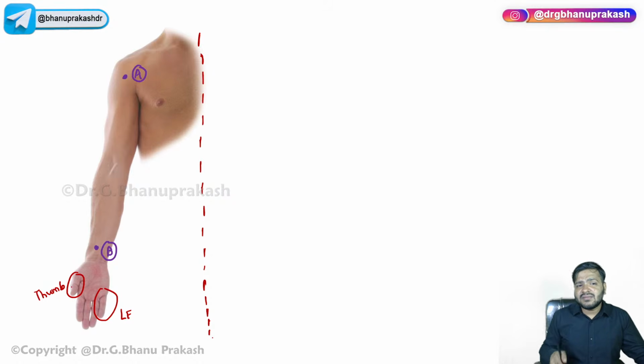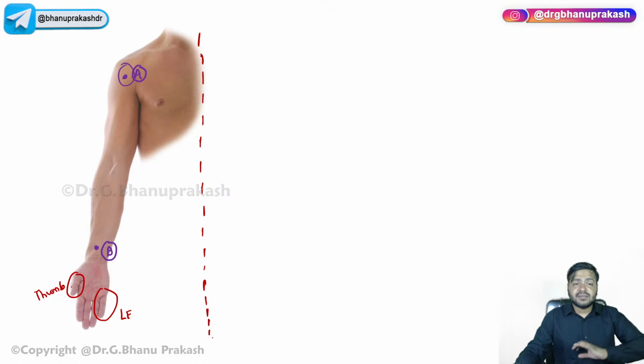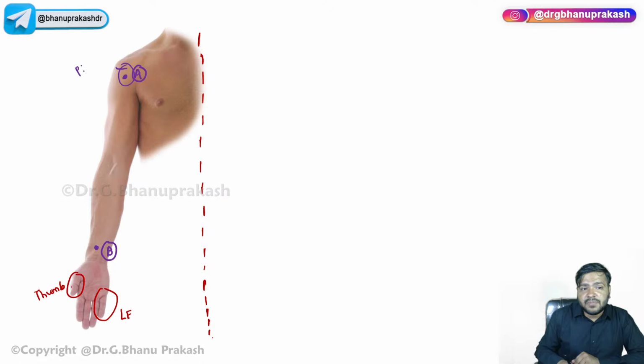If you don't understand, just remember: anything which comes first in the body is proximal, pehle, and distal is dur. Whatever is closer to the center of the body is said to be proximal, guys. So point A over here will be proximal.